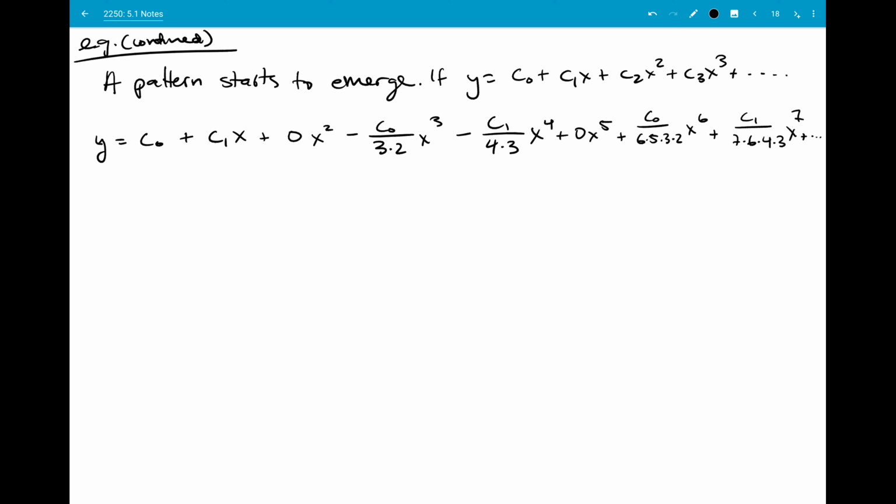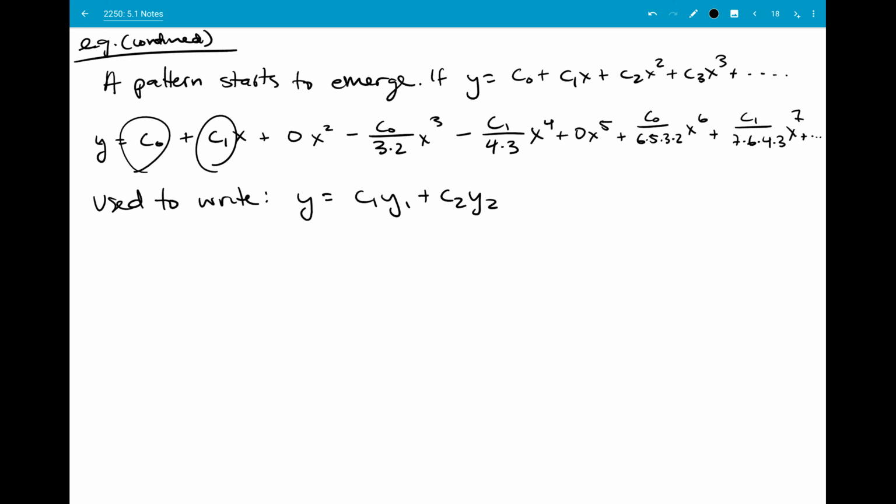But let's think about what unknown constants used to mean to us. We used to write y equal to c1 y1 plus c2 y2. Now we've got these two unknown constants.